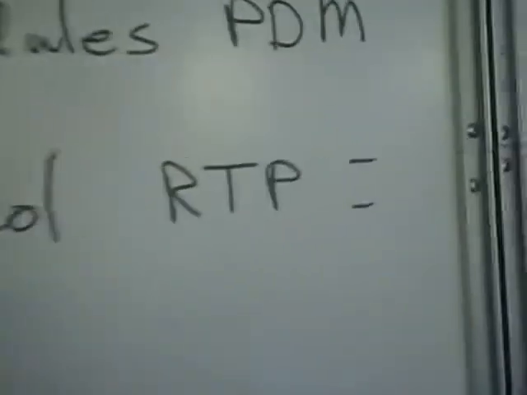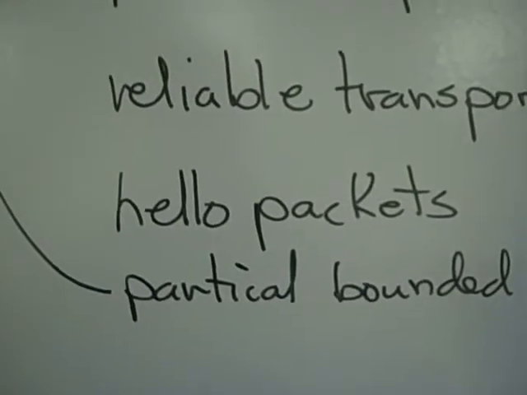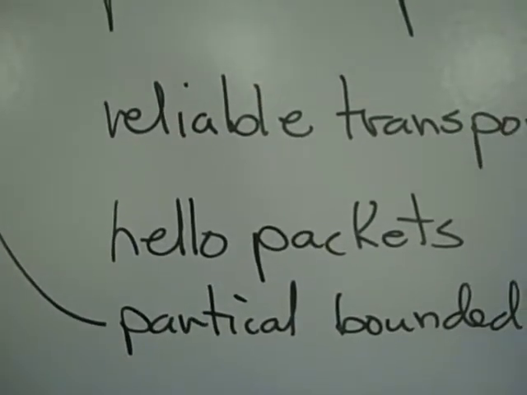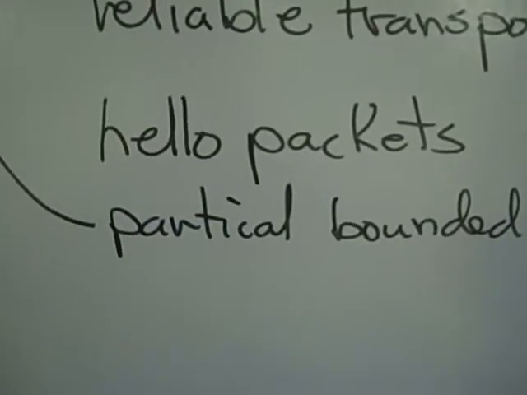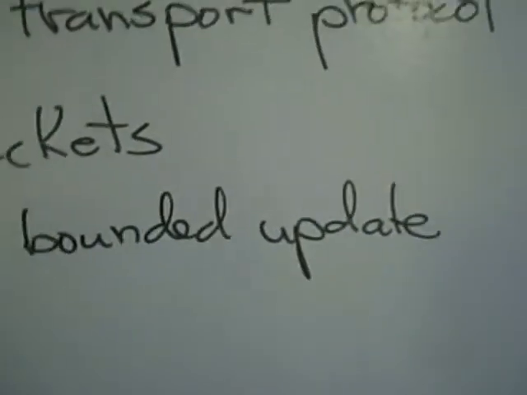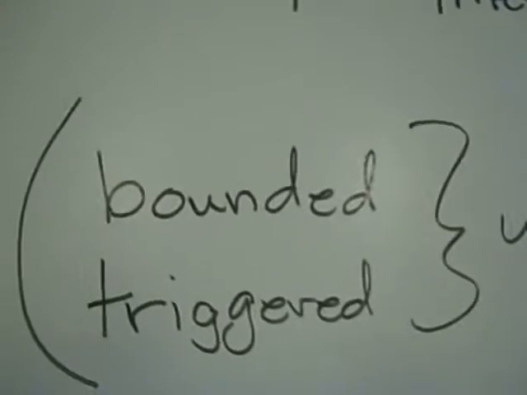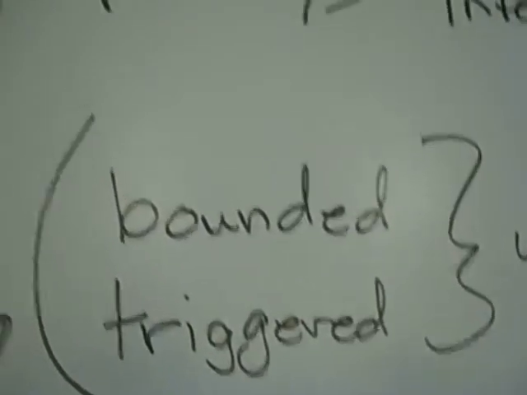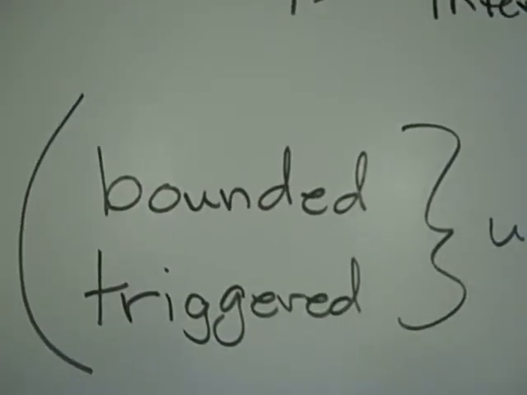Reliable transport protocol: this does both reliable and unreliable transport depending on what it's sending. So Cisco, instead of using TCP or UDP, has written its own transport protocol. Hello packets are sent between the routers to assure that the router's still there and nothing's changed, and then partial bounded updates. That goes back to this idea that we get triggered updates and they're bounded. They're partial and they only cover the areas that need updating.